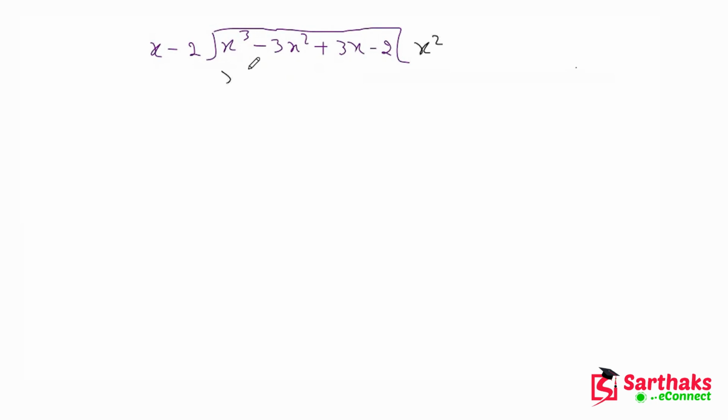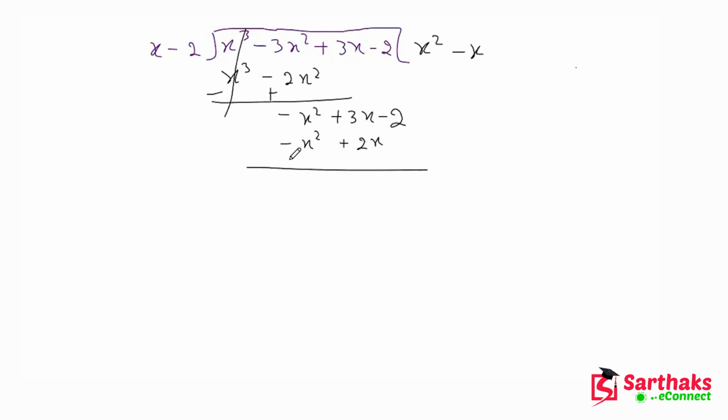Okay, and we subtract x cube and minus 2x square, then it cancels and this is minus x square. Now here is minus x, and here is 3x minus 2. Now if we multiply minus x, then it becomes minus x square plus 2x. Now it cancels and becomes x, and here is minus 2.